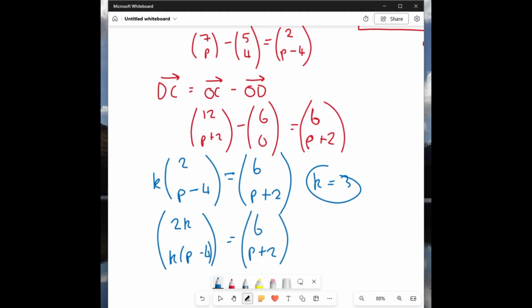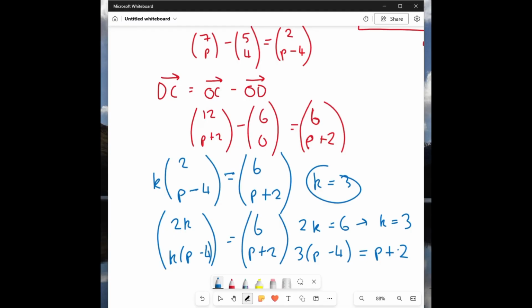So we've done the top bit. That gave us that K is 3, because that gives us that 2K is 6. So therefore K is 3, that's how I've got that bit. And now we can say that KP, which is 3, isn't it? So it'll be 3P minus 4 is equal to P plus 2.